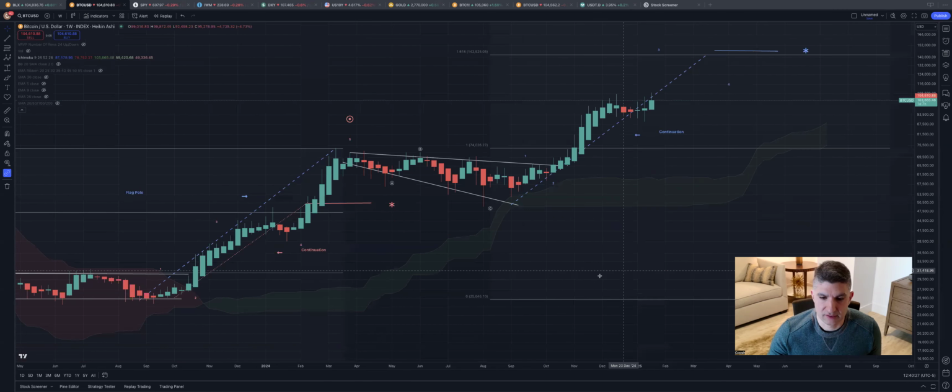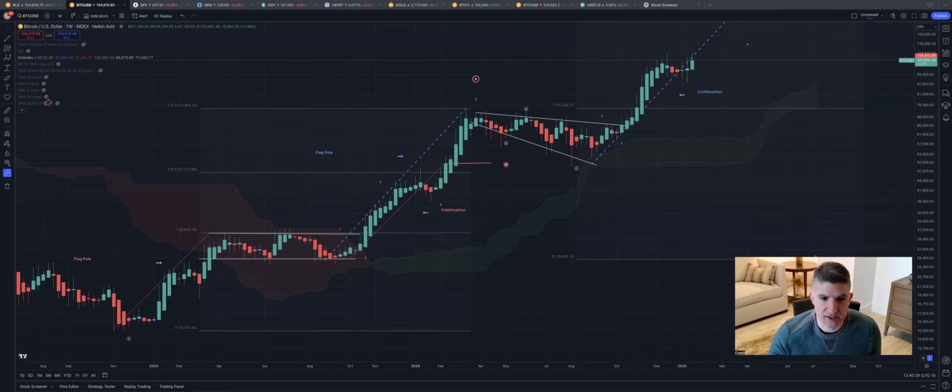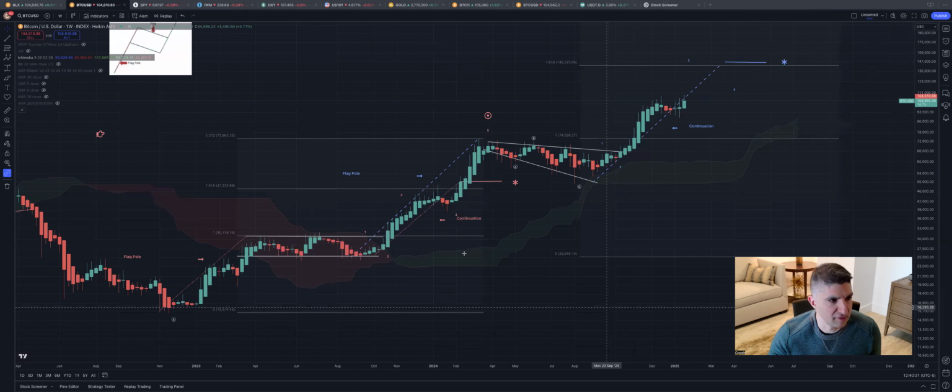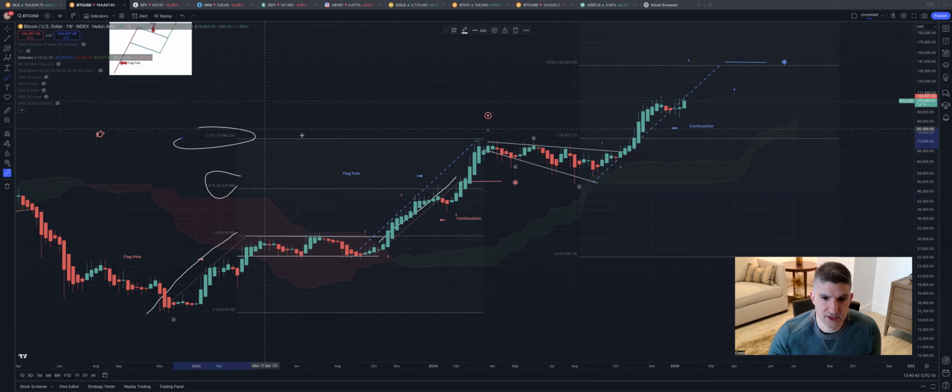Again, proof is relative, and this isn't a guarantee of anything. But if we just look at the character of each of these previous impulses, this impulse exceeded the 1618, okay? Exceeded to the tune of the 272. Right now, the impulse that came into this consolidation, minimum target on a conservative side is going to be, again, the 1618, which is also the length of the impulse that came into the entire consolidation at 142.